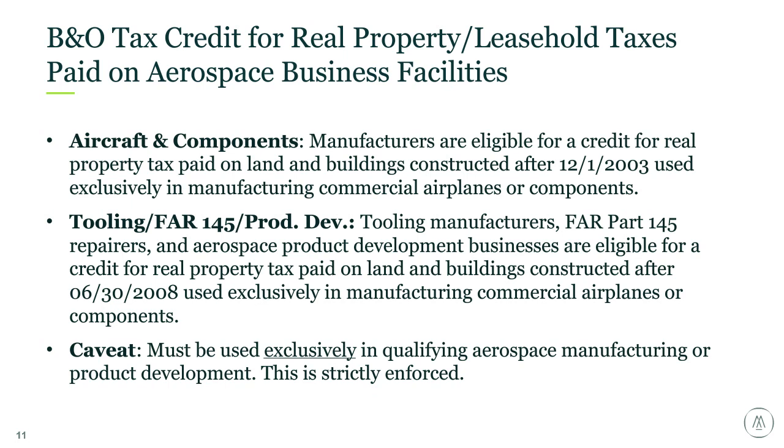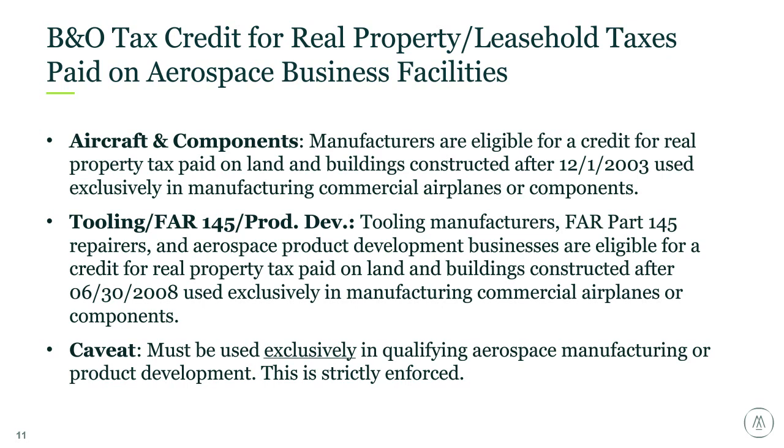The question that will come up on an audit is if you have reported some manufacturing under the regular rate, under the 0.484 rate, and then you've also reported a lot of aerospace manufacturing, the question will be, well, you're not doing exclusively aerospace manufacturing, so where is that regular manufacturing taking place?